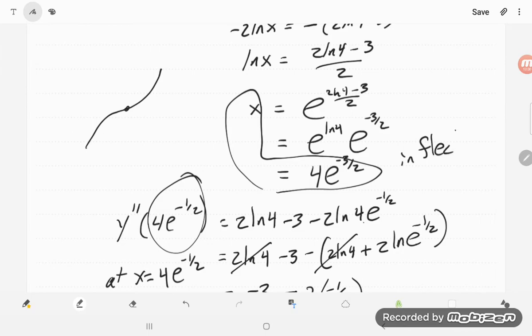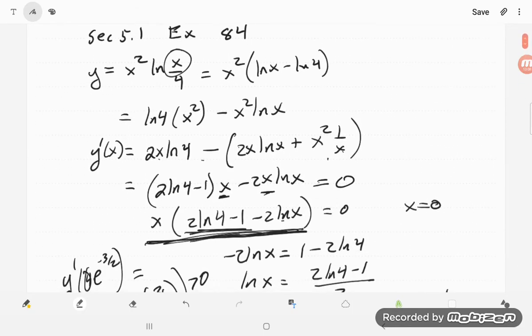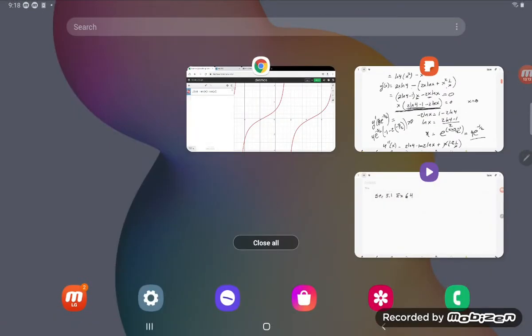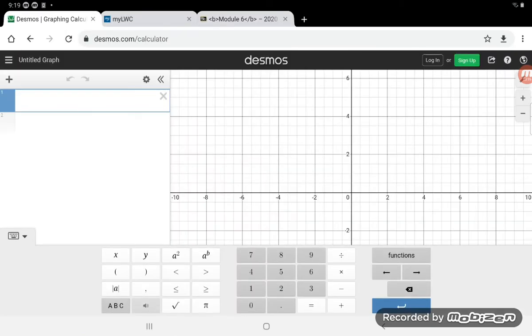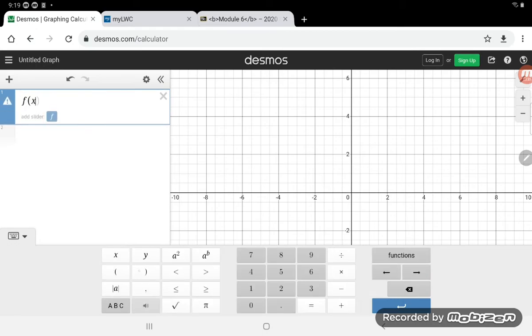Wow. Now, I suppose we ought to go check. So again, what the heck was our function after all that? X squared log x over 4. So let's try, that was interesting. It cleared itself. That's good. So what did I say? F of x is equal to, I think, what was it?